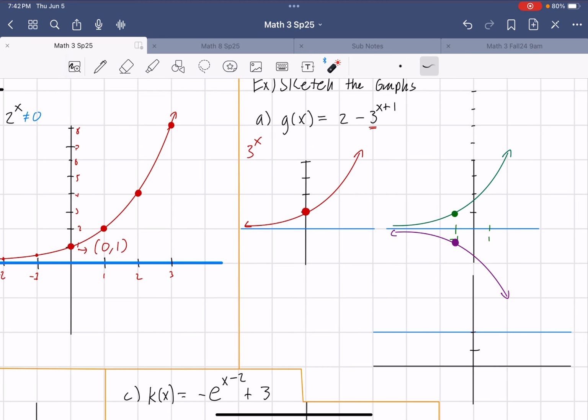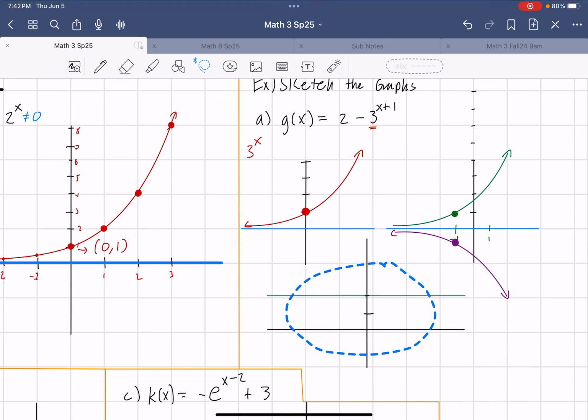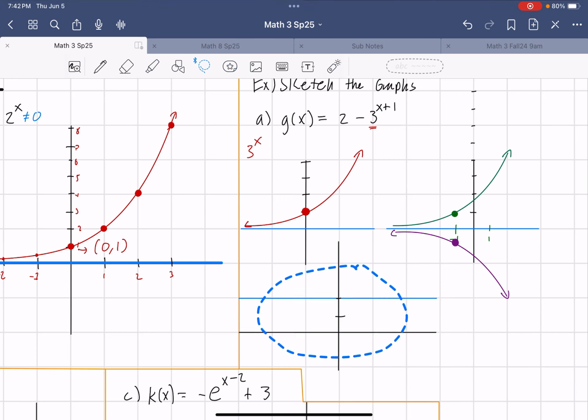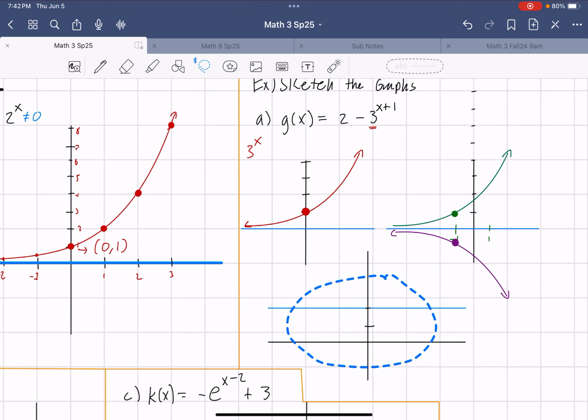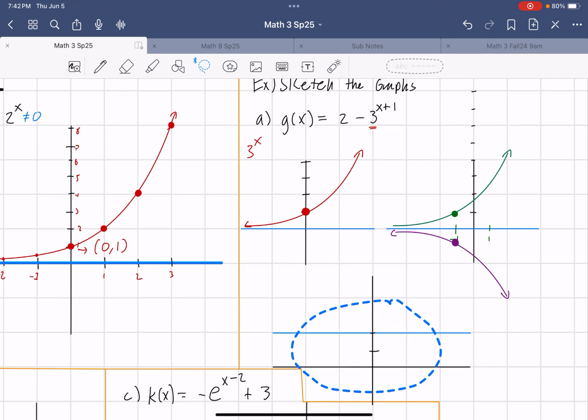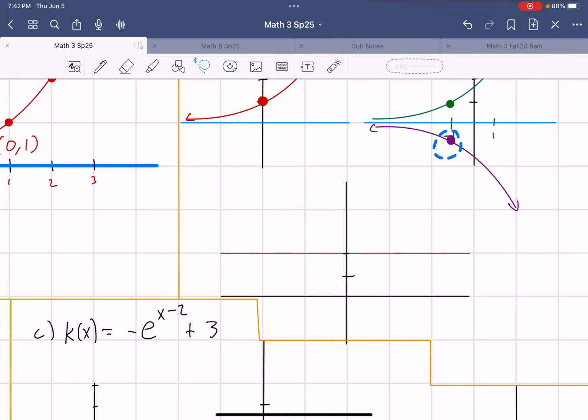Let me graph it. Just gonna move this graph a bit. So we see here, this asymptote was on the horizontal x-axis, but then it moved up 2, and then this point also moved up 2, but right here.